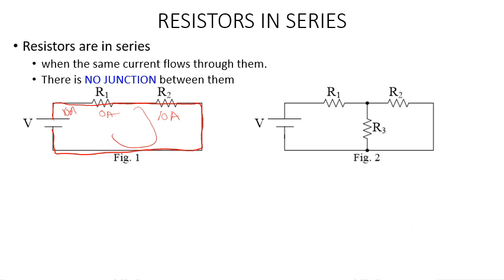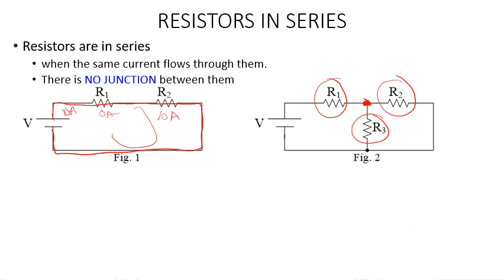Looking at the second circuit, we have R1, R2, and R3. Once you look at this circuit, we observe that there is a junction, and the definition of a junction is a point where current splits or divides.